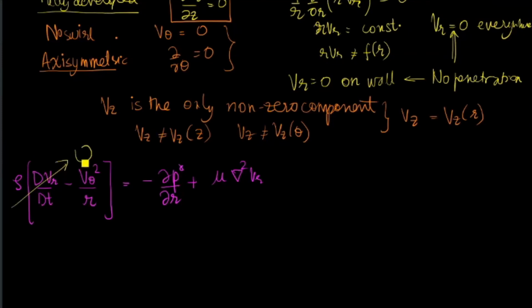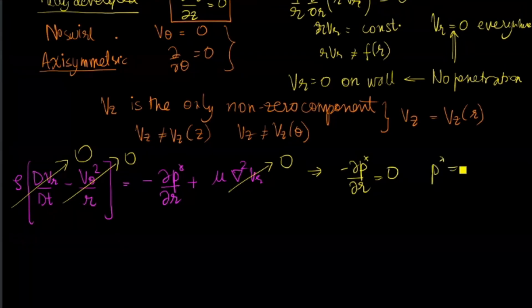The fact that vr is 0 and v theta is 0 implies from this r momentum equation that ∂p star/∂r is equal to 0. So if this is true, then p star is not a function of r, and it is not a function of theta also, because of axisymmetry.